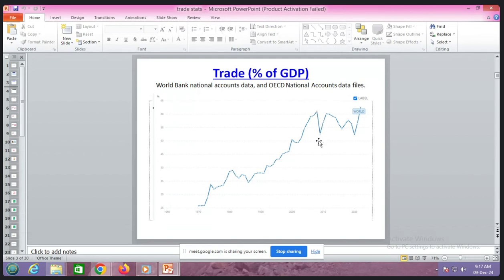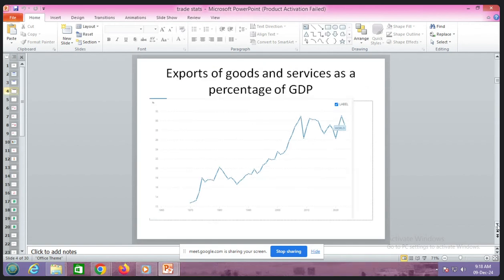You can see a dip here in the trade, and then slowly there has been recovery, and again in 2020 you can see another dip. So now the world is again recovering with respect to trade. This is another figure which follows the trend I had discussed in the previous graph: exports of goods and services as a percentage of GDP.